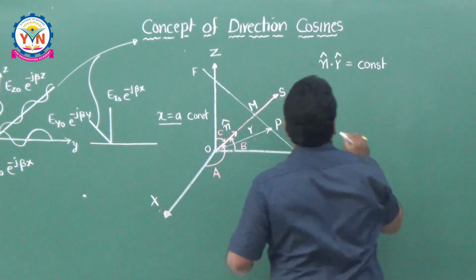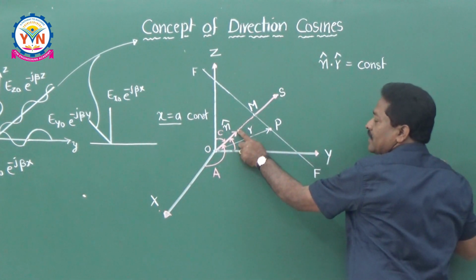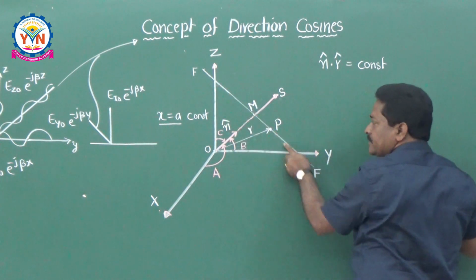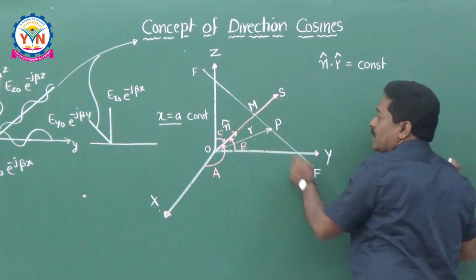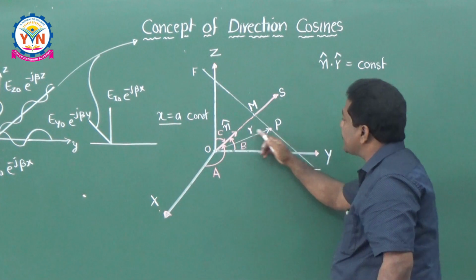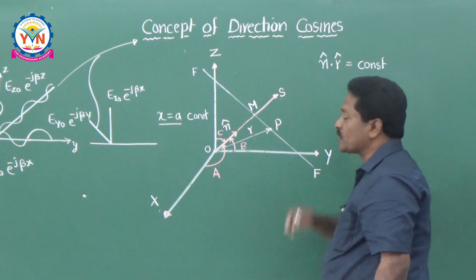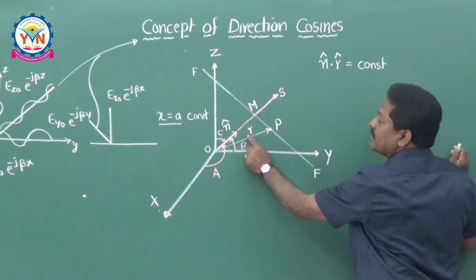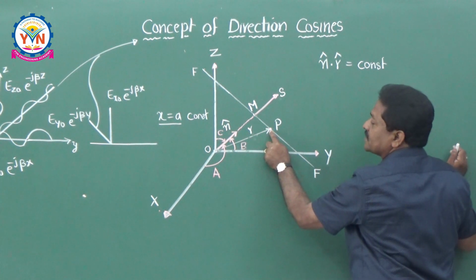It is a unit vector, or otherwise the unit normal to this plane. Hence, in some contexts it is also called the wave normal. This is nothing but an equiphase plane, and the equiphase plane is at an angle of 90 degrees to it. That is called the wave normal. And r is nothing but a radius vector from O to P, the point of consideration.